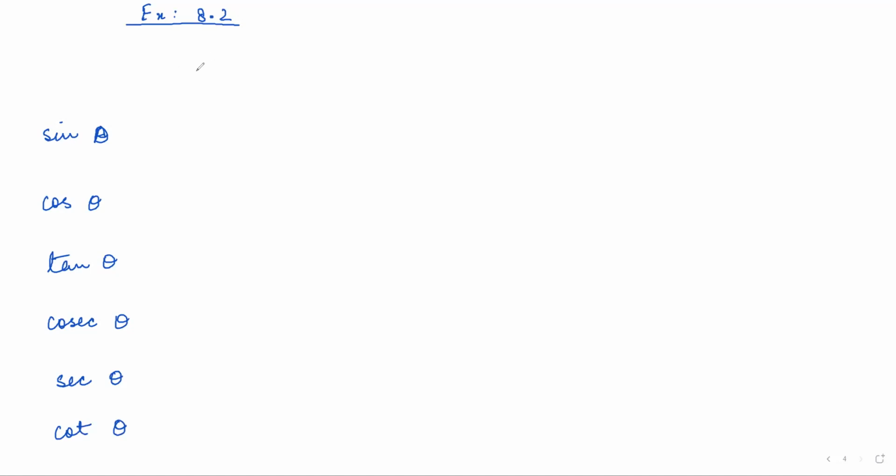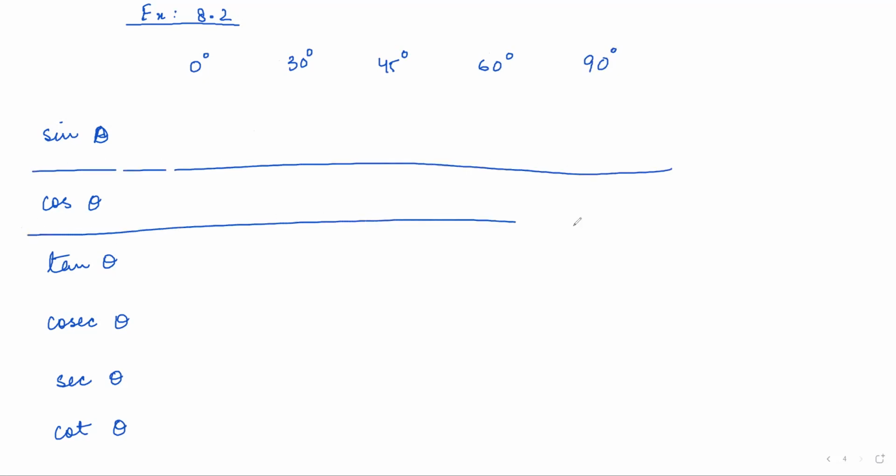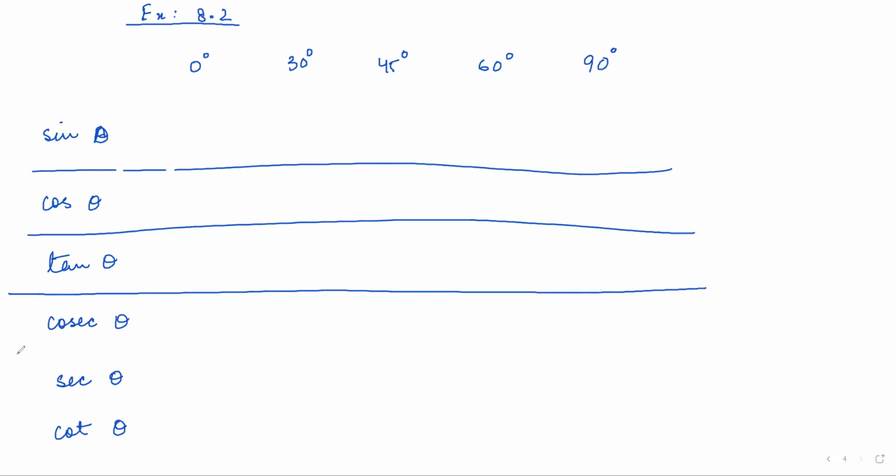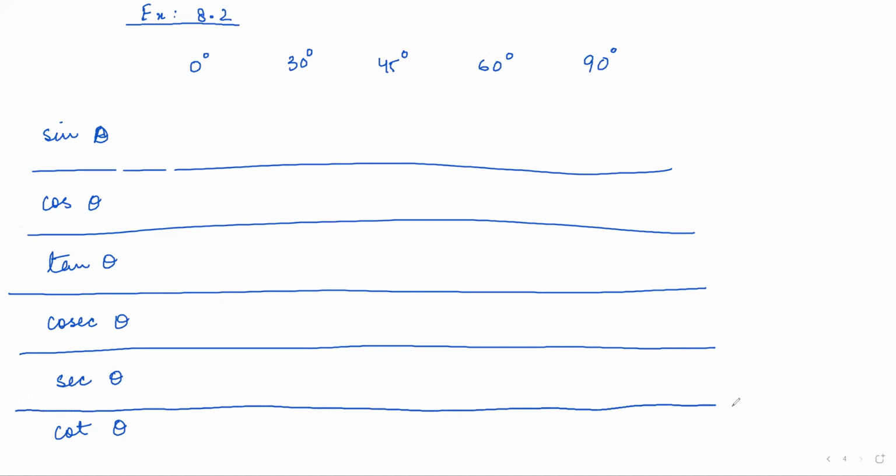First value is 0 degree, and then 30 degree, then 45 degree, and then 60 degree and 90 degree. So you will make a table like this in your copy. Now I'll tell you how to remember this. Yeah, this much written, Martin?